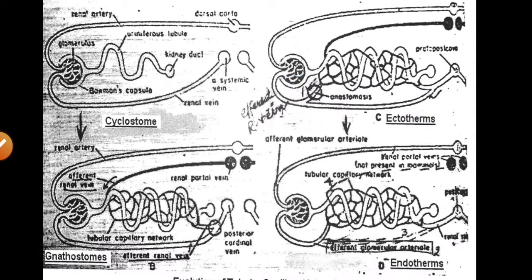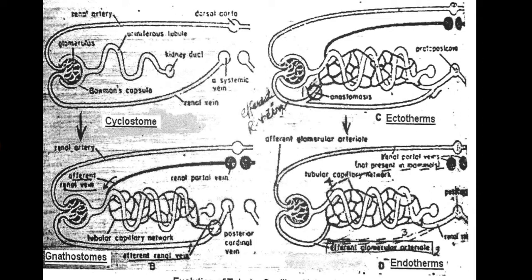If we go for the final stage, in the endotherms, what has happened now? Just look at this particular stage. There is no efferent renal vein present. This is the most important thing.